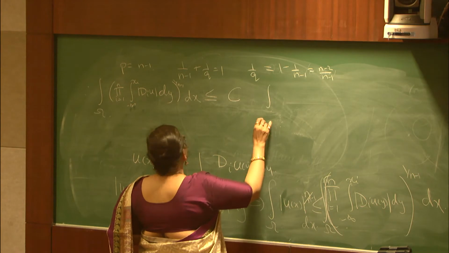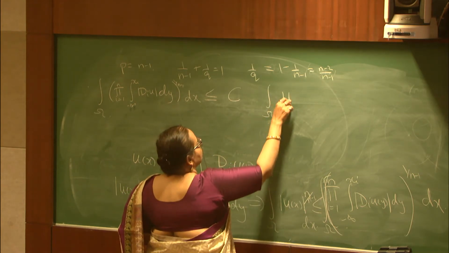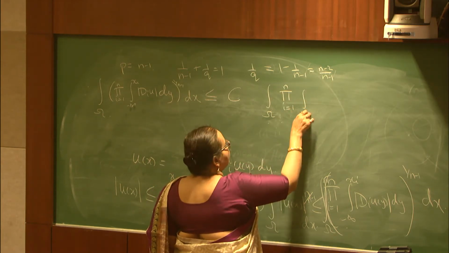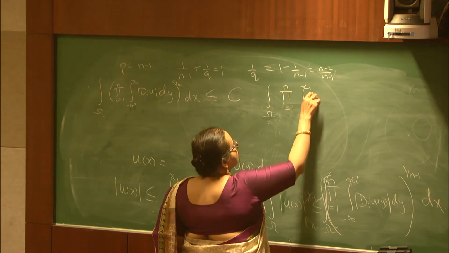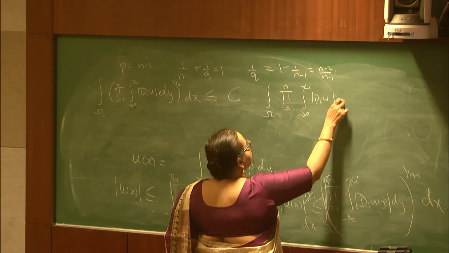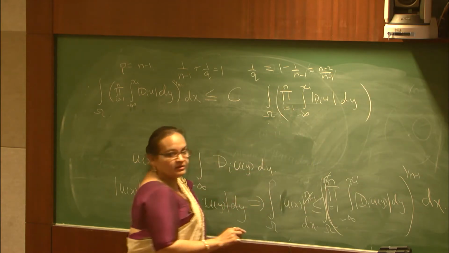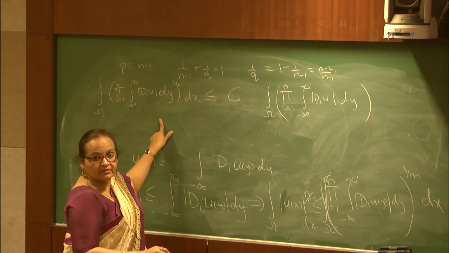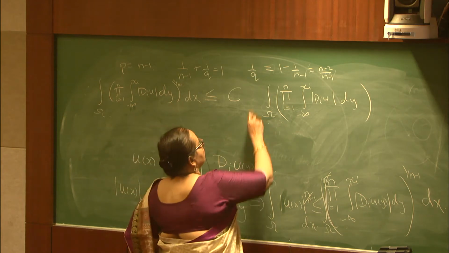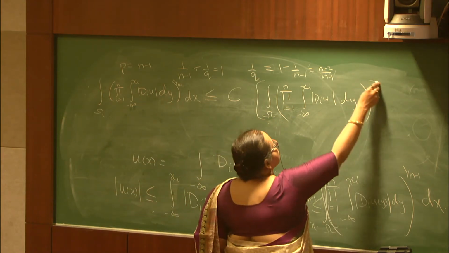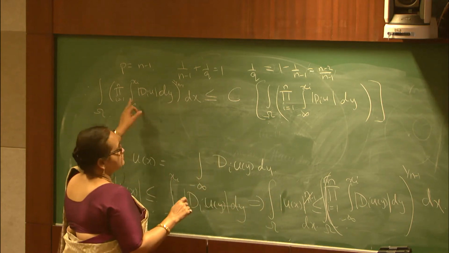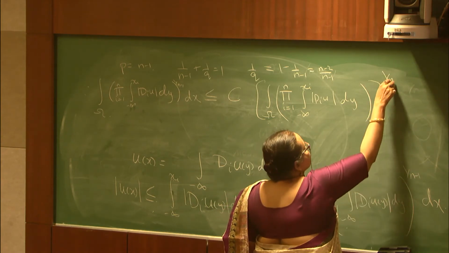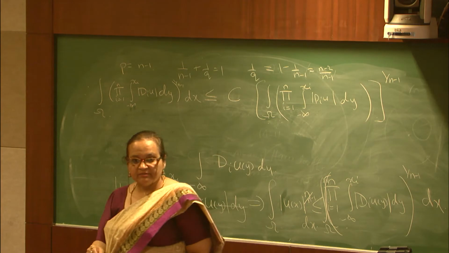We will have integral of omega product i goes from 1 to n, integral from minus infinity to xi di of u dy. Right? Now n minus 1 has gone away. Right? n minus 1 has gone away. And you are left with 1 upon n minus 1.